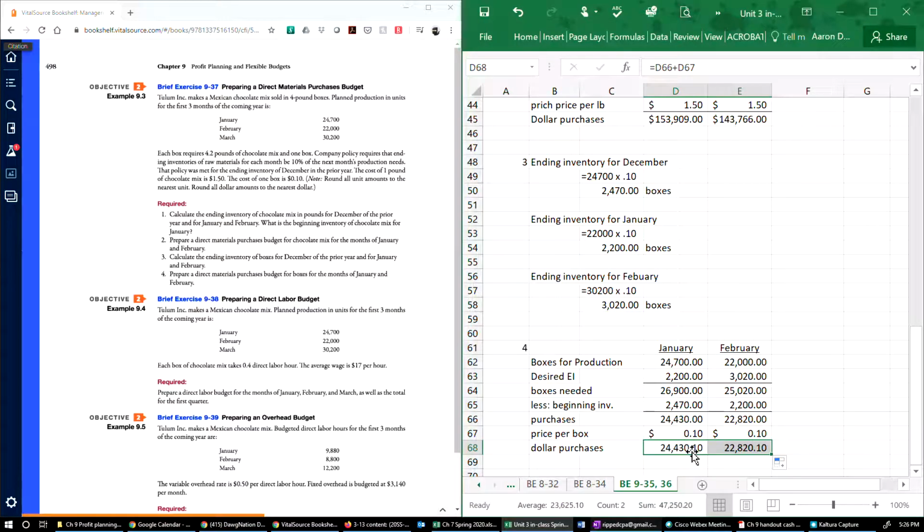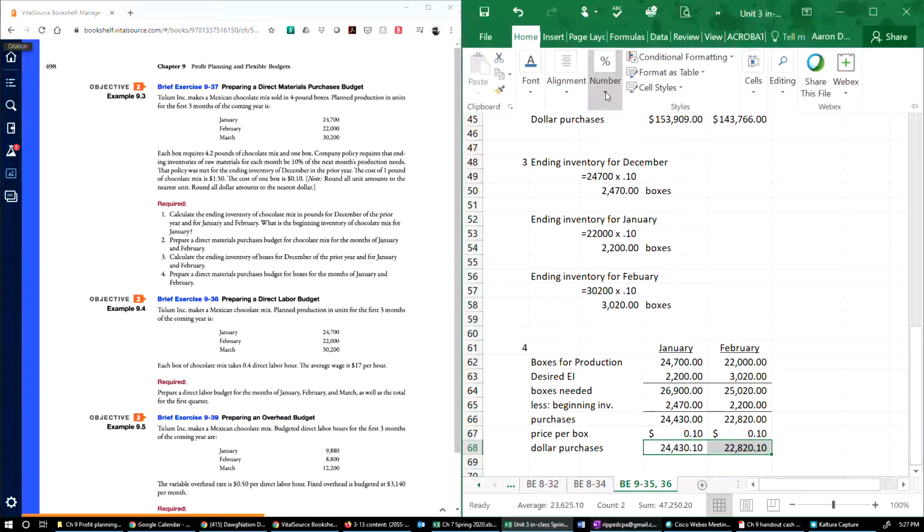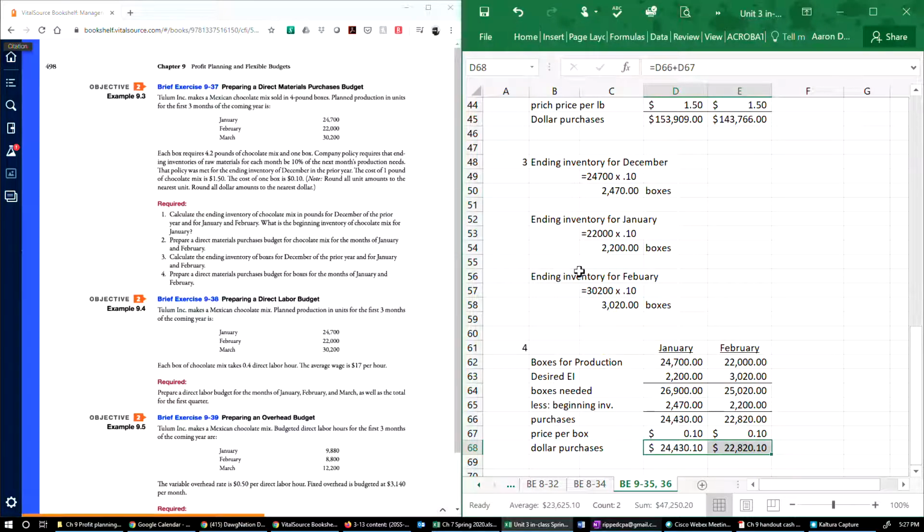All right, so just like that, we have the dollar impact as it relates to the purchase of boxes for January and February. All right, so that is how our direct materials purchases budget works. All right, so I'll stop here. Up next is our direct labor budget, which should go a lot quicker.